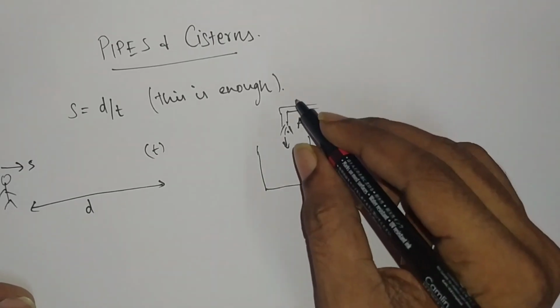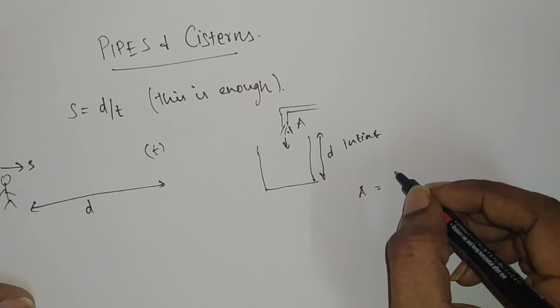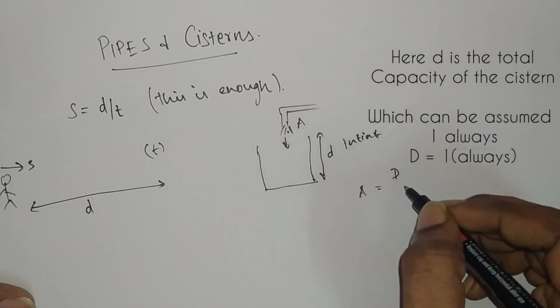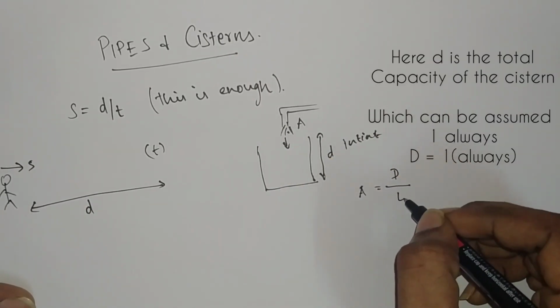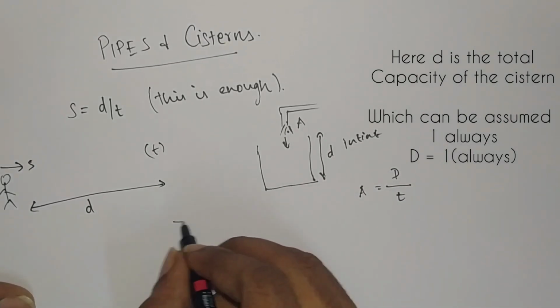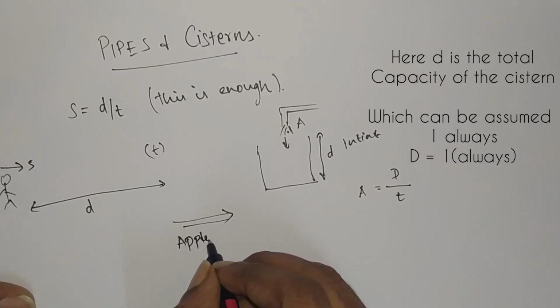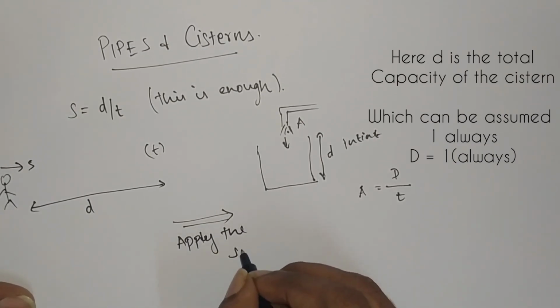D, the distance here, we can assume as 1, as in 100%. Now directly substituting into the formula speed equals distance by time, we get A equals D by T. A is the speed of water, D is the capacity of the cistern, and T is the time it takes to fill the cistern.